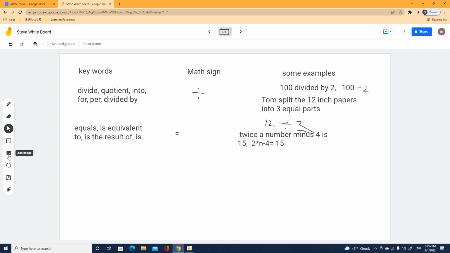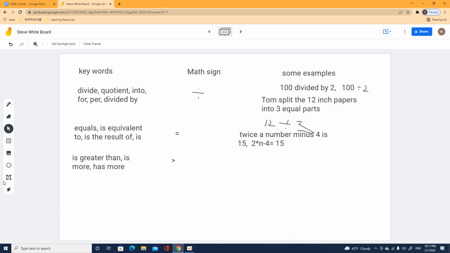Also, some of the inequality signs, such as the greater than sign. In that condition, keywords such as is greater than, is more, has more. When you see those kinds of keywords, usually you need to think about the greater than sign.